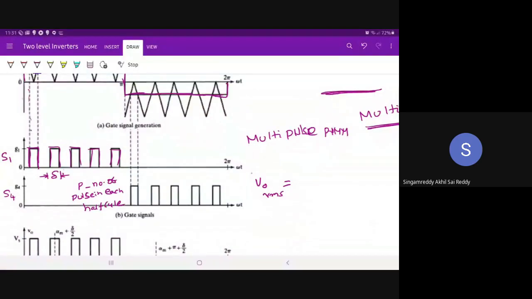Each pulse is delta, and we have p number of pulses, so this count is p, and this count is also p. Therefore it is square root of p into delta by pi, and outside the square root it is Vs. Clear?